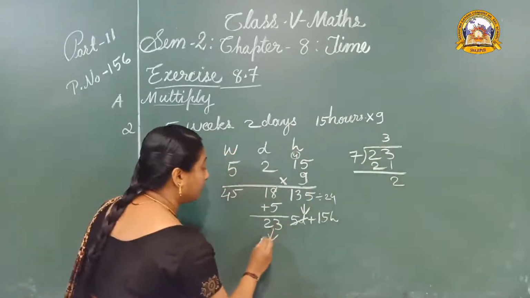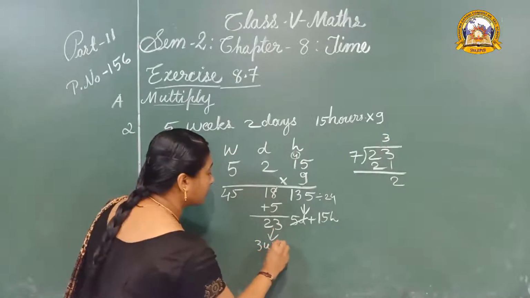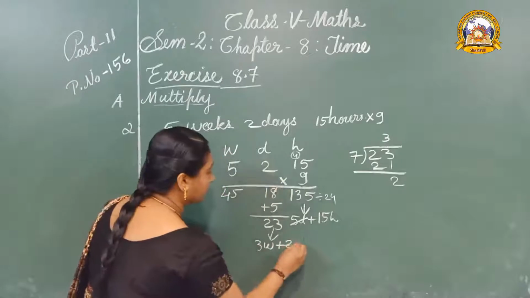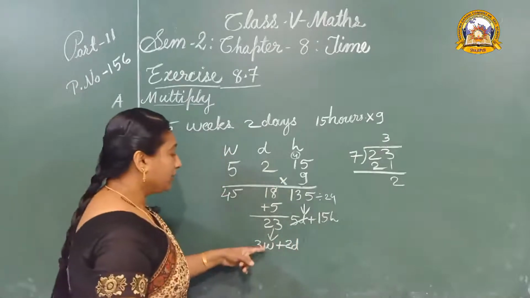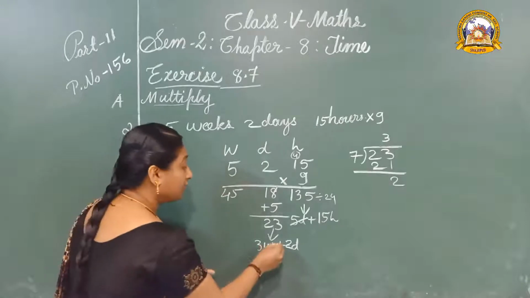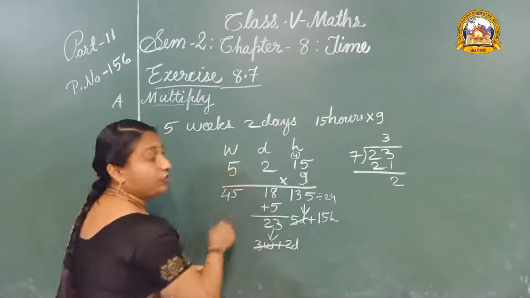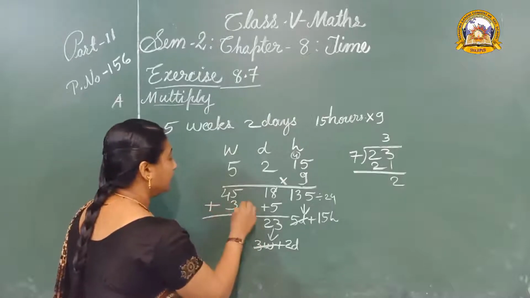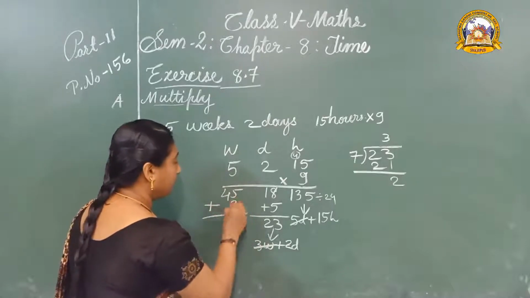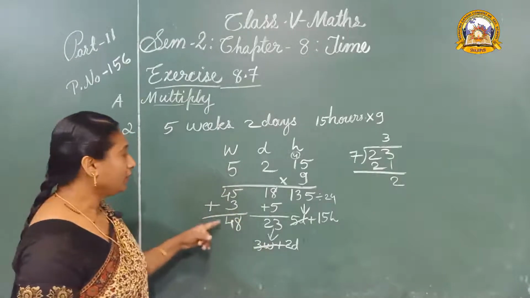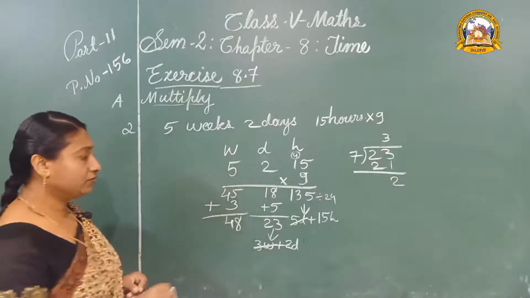How can we write it? 3 weeks plus remainder 2 days. Then next step we have to carry this 3 weeks to the weeks column. Add 45 plus 3, 48.